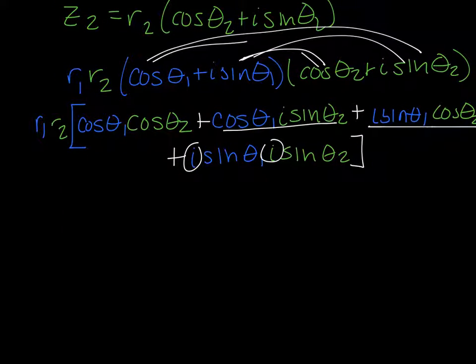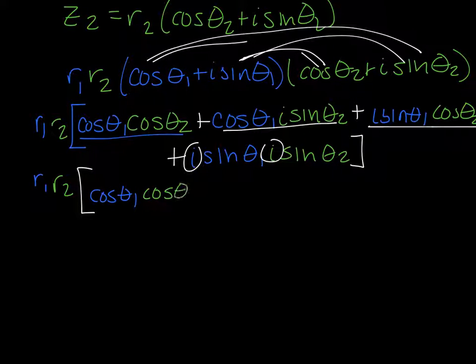Okay, so now I still have the R1 and the R2. This first thing is cosine theta 1 and cosine theta 2. And then this next thing, remember how we had I times I is I squared, and that's minus. So that'll be a minus, and then it says sine theta 1 and sine theta 2.